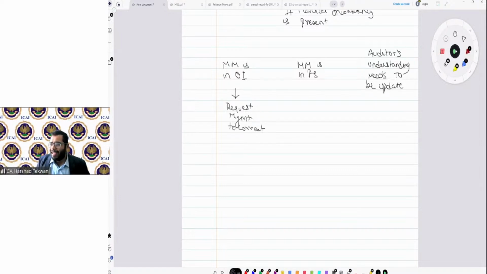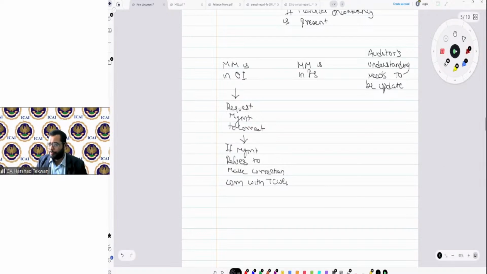If the management agrees to make the correction, I just need to check whether the corrections are made appropriately. If management refuses to make the correction, then in that case, communicate with those charged with governance that there is an issue with other information.